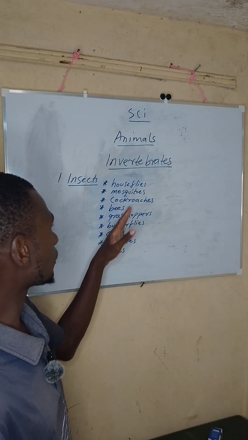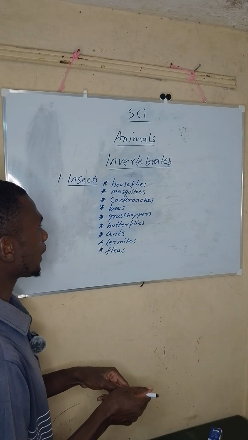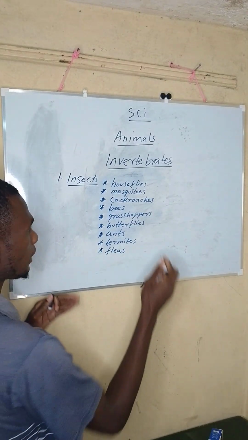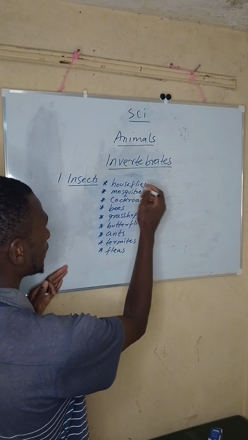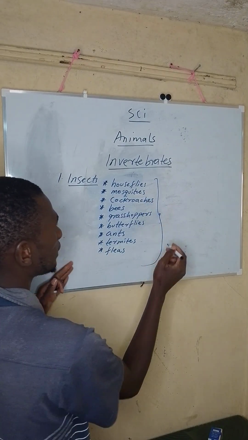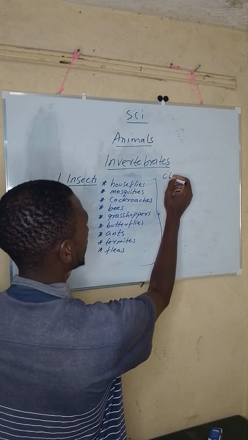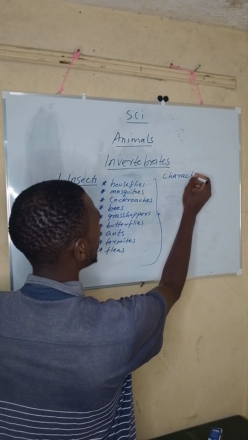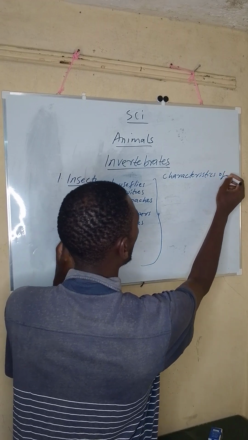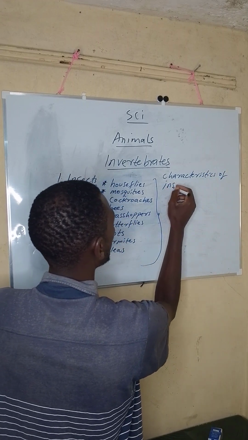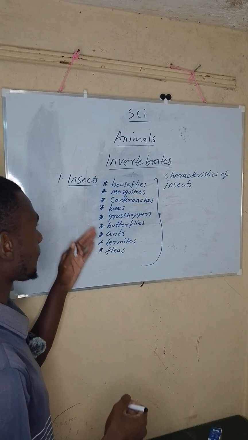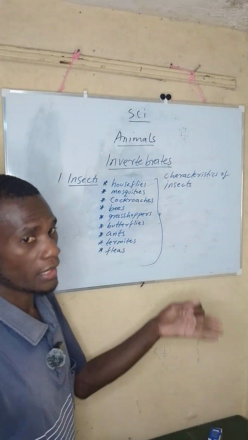Now, this group, there is what we call characteristics of this insect. So let me write those characteristics this side. So characteristics, why are they grouped together, or what is the difference between these invertebrates and other invertebrates?